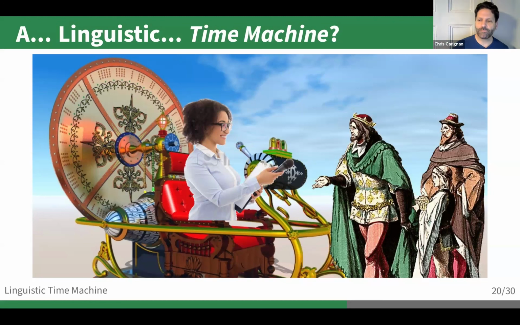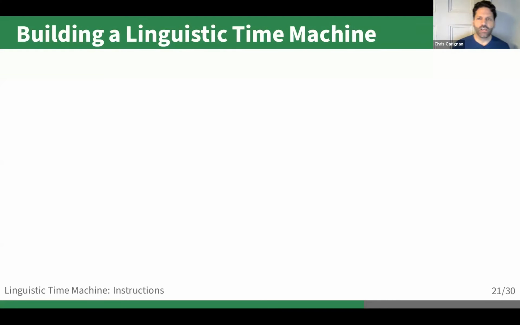So the time machine that I propose is banking on that fact and trying to recreate a sound change environment using people that are alive today, and then see how they react to this. So how do we do this?